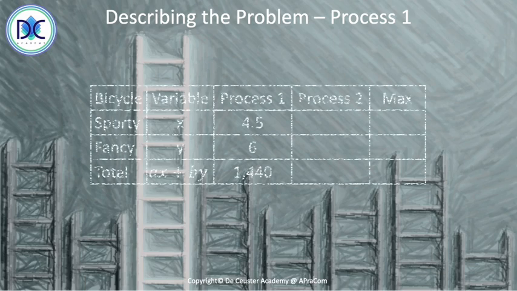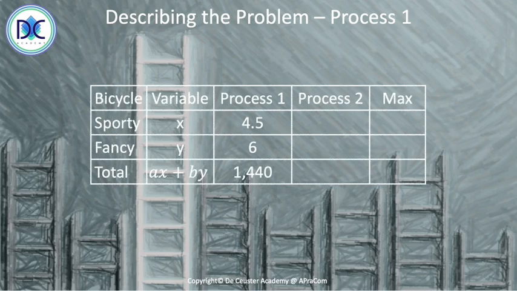We have the different bicycles, we have the variables. We call x sporty and y is fancy. For process 1, the production time is 4.5 for sporty, and for fancy it is 6. So we find here these parameters. We can write the inequality. We can express that we cannot work more than 1,440 hours.